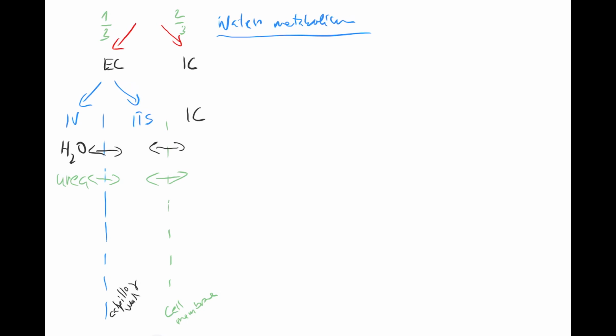Now sodium, how is it with sodium? That's the question. How does urea go into the intracellular space? Very likely it goes with the water through the channels, through the aquaporins. But I don't know the molecular details, and it's not important for pathophysiology.